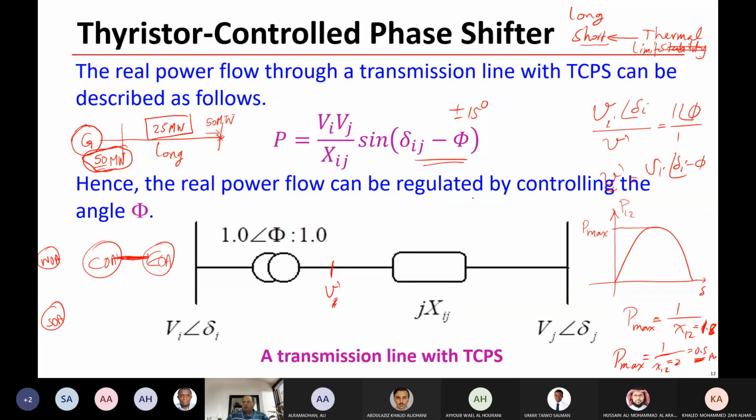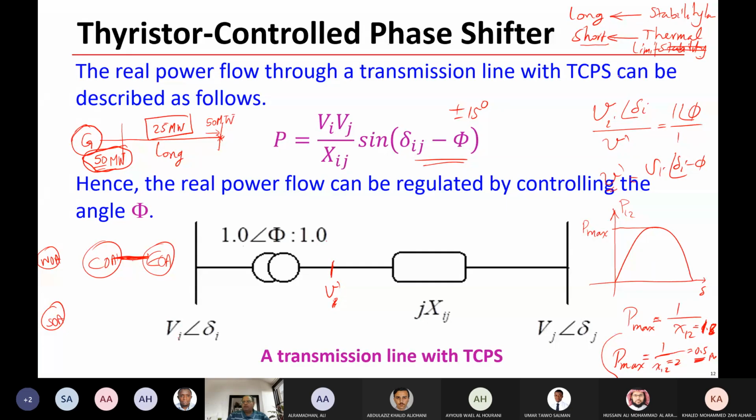But for a long transmission line, what limits the power transfer is the stability. Stability limit, as we have it here. So the conductor can carry more power, but due to the stability limit, you are not transferring through the line its current carrying capability.